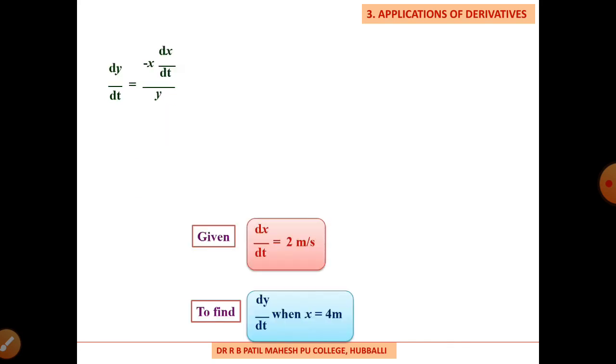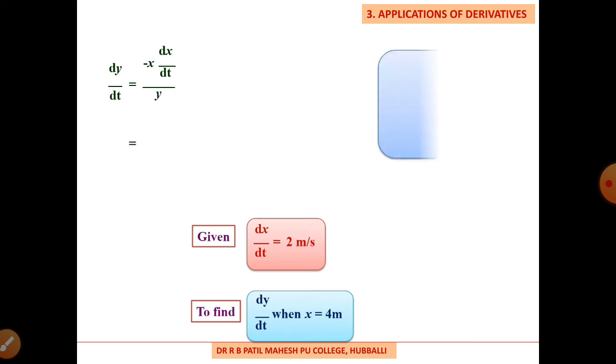So first, what is the given term? x is given and dx by dt, these two terms are given. Now by using equation number 1, next you have to find out the value of y.